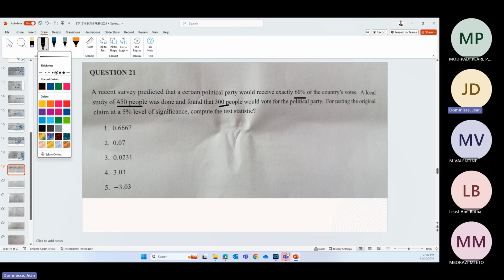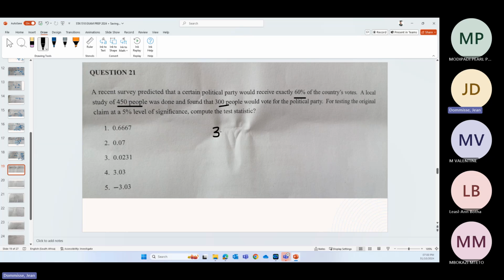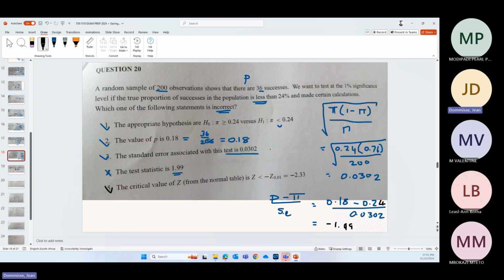So if you guys have others, just let me know. So 300 divided by 450. So 300 divided by 450 is 0.6667. Okay, so then as with this one, we just need to make sure. So what is the population? What is the sample?